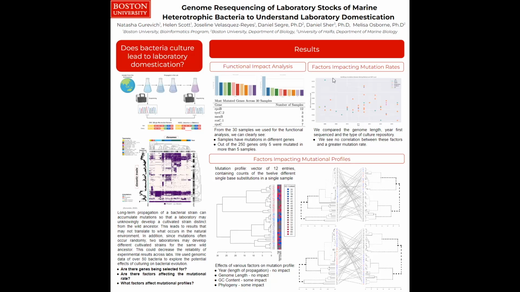So to start off, we're going to begin by talking about factors impacting mutational rates. We wanted to consider the time between the reference and the resequenced genome, the ratio of SNP count versus genome length, as well as the type of repository that the bacteria is coming from. To elaborate, was it coming from an independent academic lab, or was it coming from a known culture repository like ATCC?